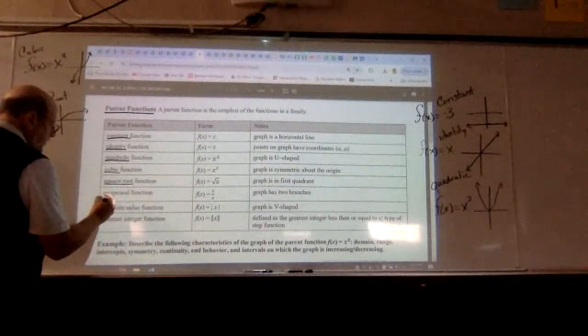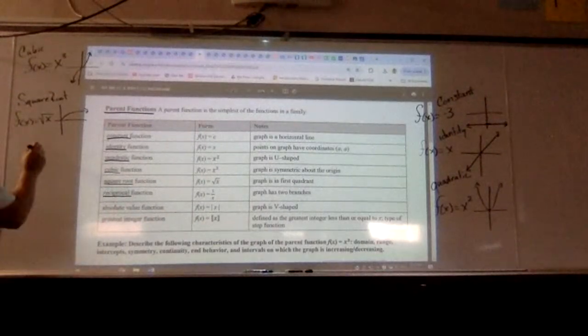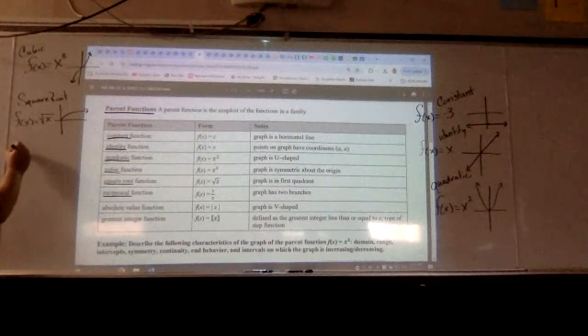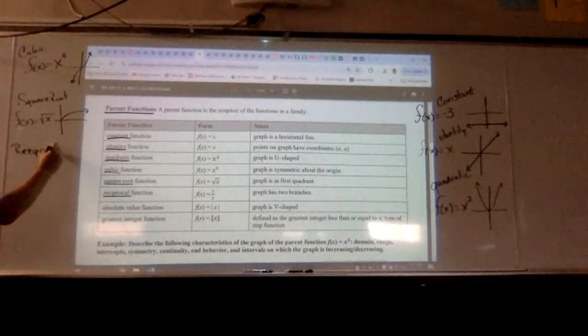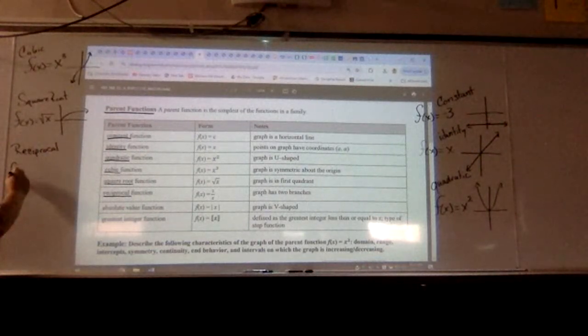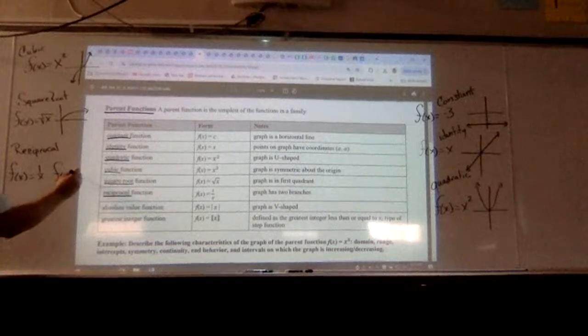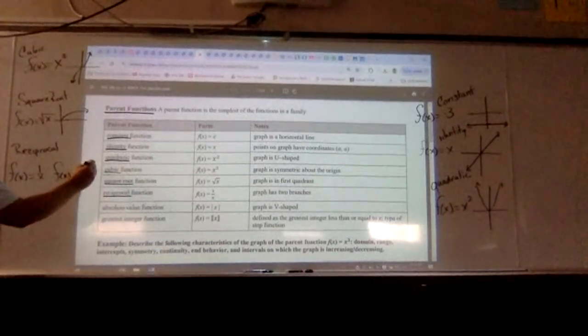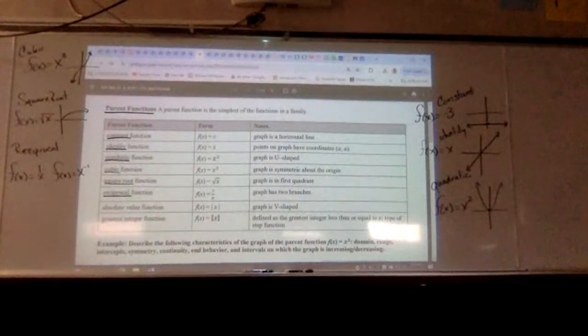Reciprocal function. This is goofy looking. All right, f of x is equal to 1 over x. It can also be listed as f of x is equal to x to the negative 1. Same thing. Those two things are exactly the same.